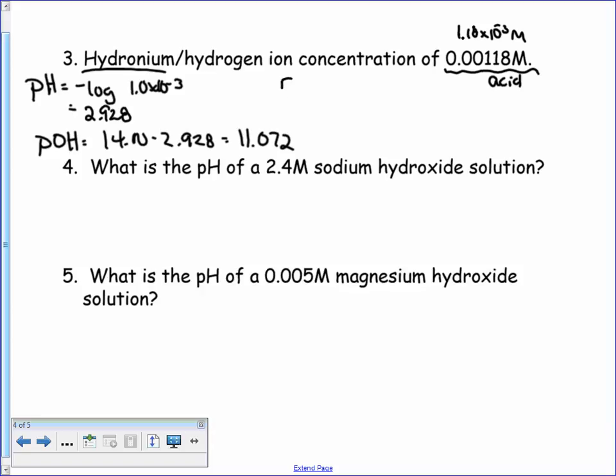The hydronium concentration was given as 0.00118, and the hydroxide concentration is equal to 1 times 10 to the negative 14 over the hydronium concentration, 0.00118.